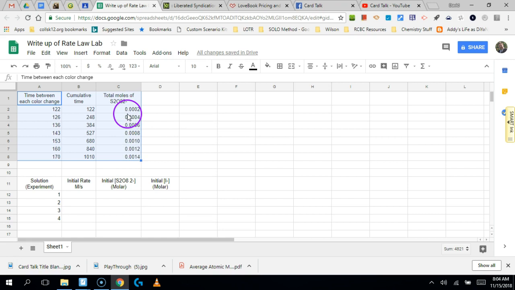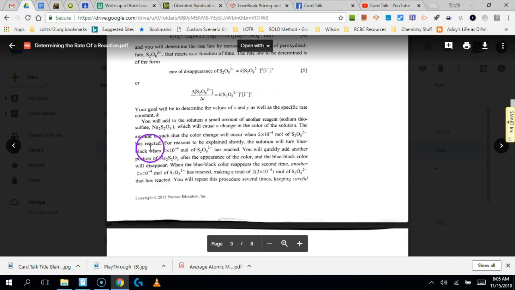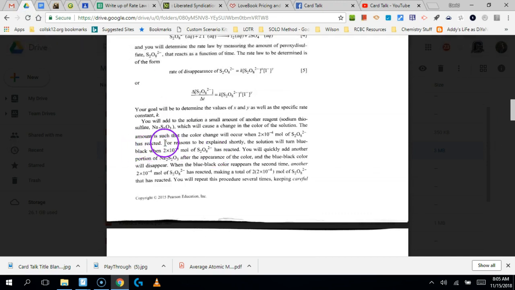Now, where did I get the 0.0002 from? That's a legit question. If we look in the lab, it says right here, for reasons to be explained shortly, the solution will turn blue-black when 2 times 10 to the minus 4 moles of S2O8 has reacted. So that is where we get 0.0002.